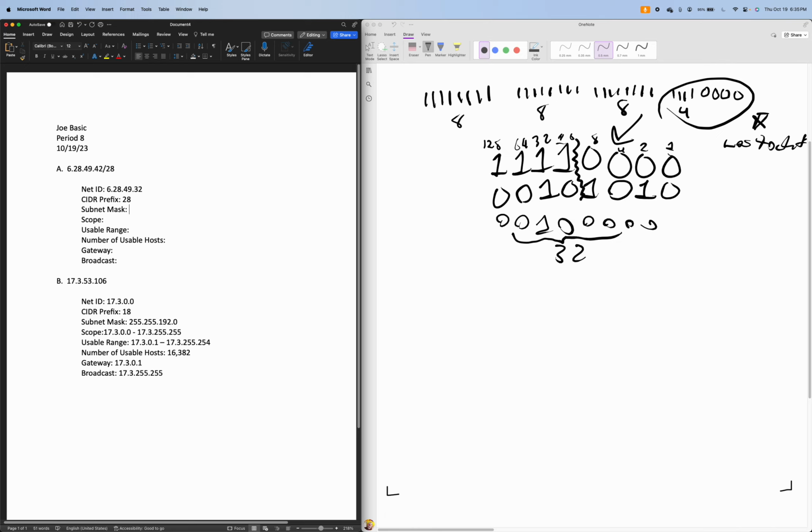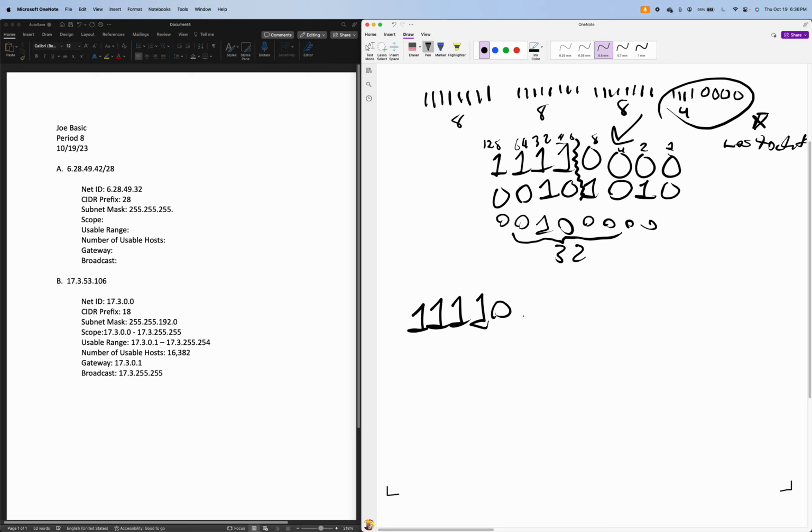And the subnet mask should be 255.255.255. Dot over here. Let's zoom in on this if you don't know how to get this number. Dot 11110000. 128, 64, 32, 16.